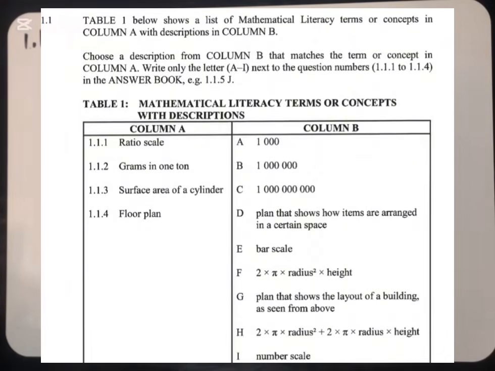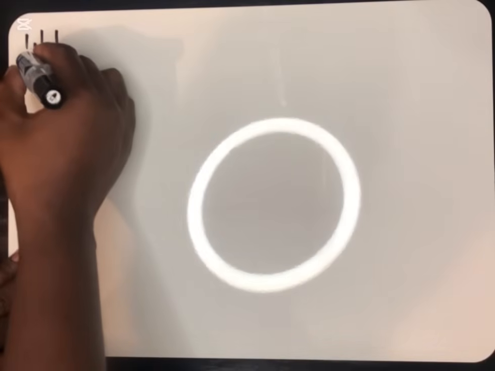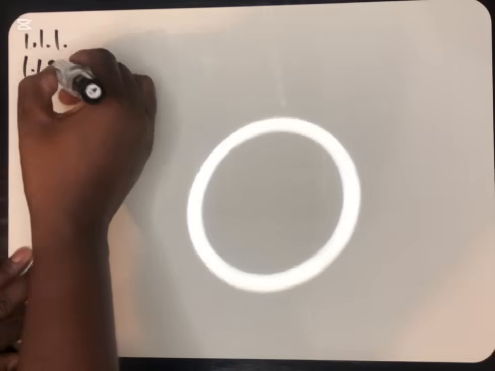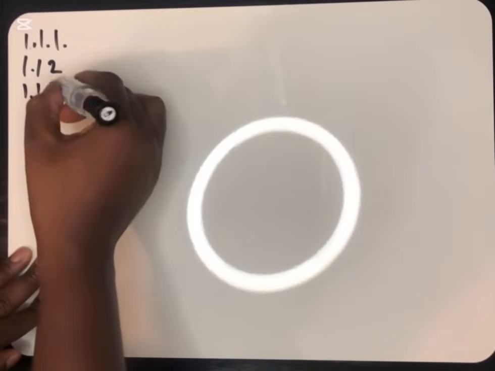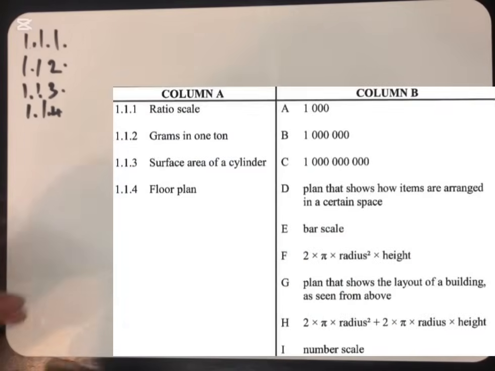So the first question is 1.1.1, which is a scale ratio.